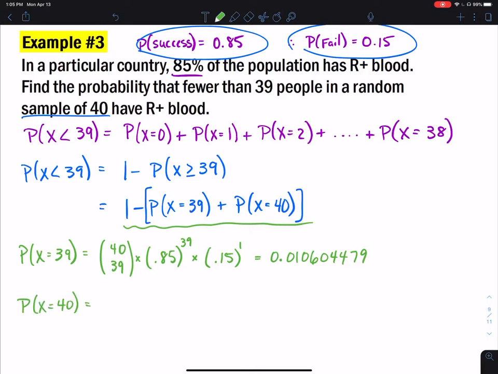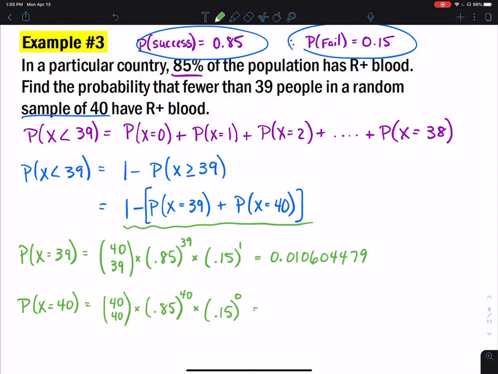And we also have to calculate the probability that 40 people have it. So that's everybody has it. We would do 40 choose 40, 0.85 to the 40th power times 0.15 to the 0 power.